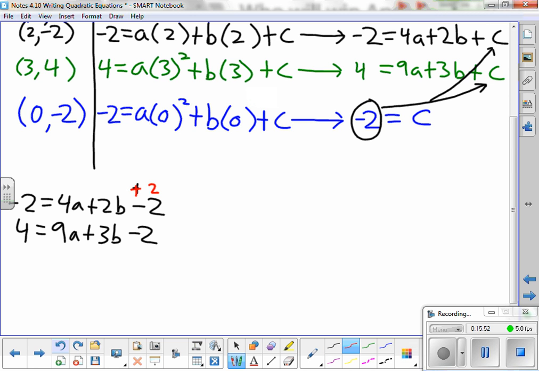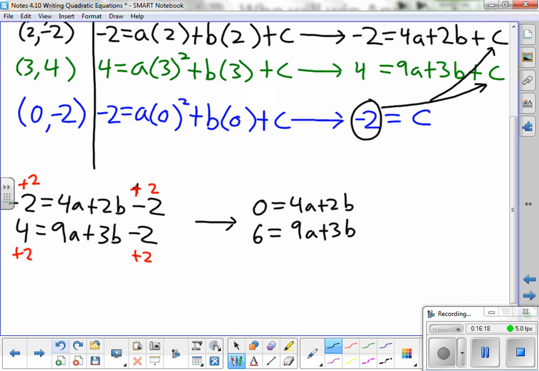So plus 2 here, plus 2 over here, plus 2 here, plus 2 over here. That way they're in kind of standard form. That way it's easier, more familiar to work with. So that'll give me 0 equals 4a plus 2b, and 6 equals 9a plus 3b.